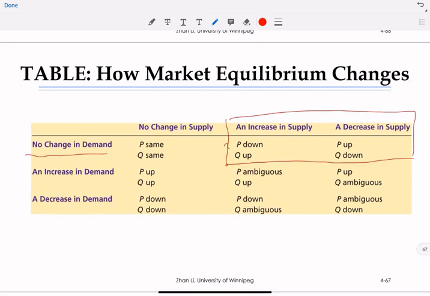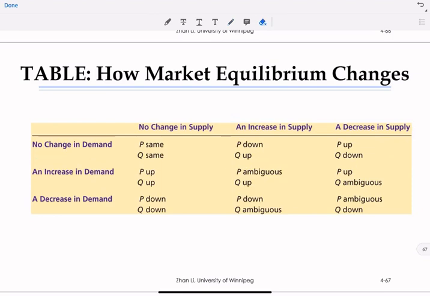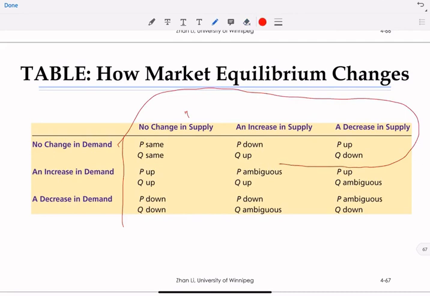Similarly, if there is no change in supply and only demand changes, then you will be certain how price and quantity will change, right? So basically, these outer cases are easier ones. You could be certain how market price and market quantity will change.